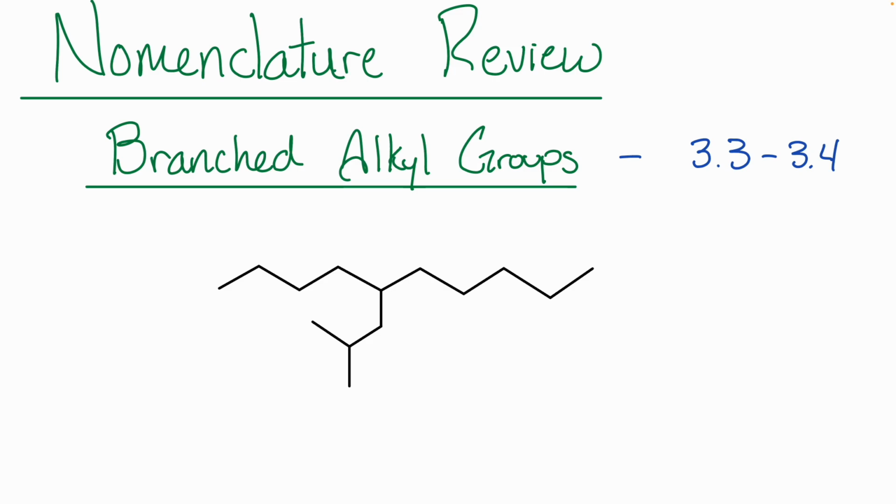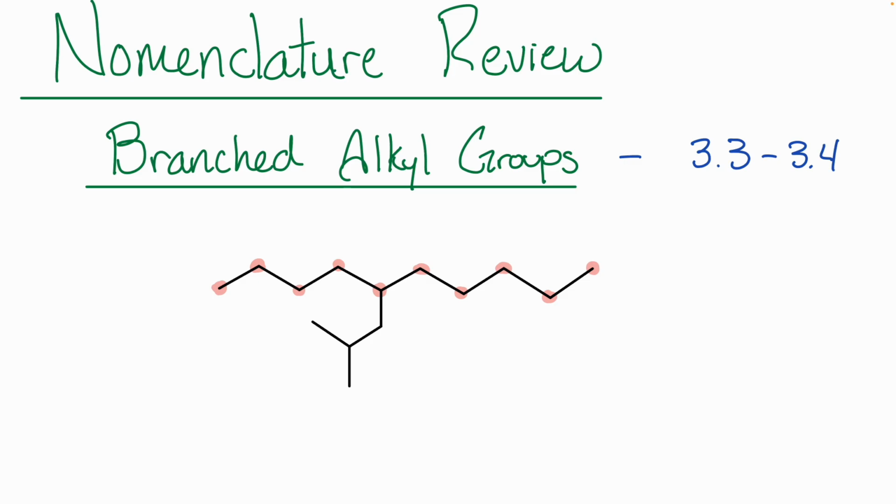We're going to start by finding our parent chain. My longest continuous set of carbons are these 1, 2, 3, 4, 5, 6, 7, 8, 9, 10 carbons here. That's my parent chain. What prefix do we use for 10 carbons? Dec. So this would be a decane here.